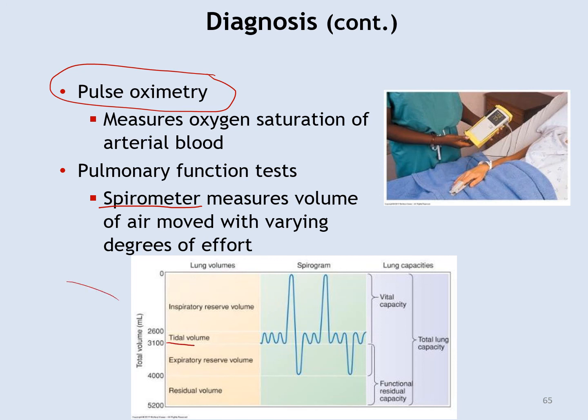A few terms to know: tidal volume refers to just the air that you're moving in and out of your lungs when you're breathing normally, as you guys are sitting here breathing, hopefully, listening to lecture. Inspiratory reserve volume would be if you take a few normal breaths and then breathe in as much as you can, as deep as you can. That's how much extra air you could breathe in if you needed to.